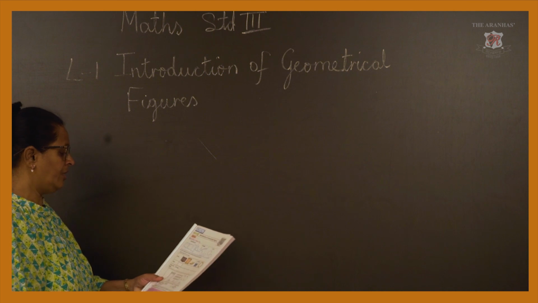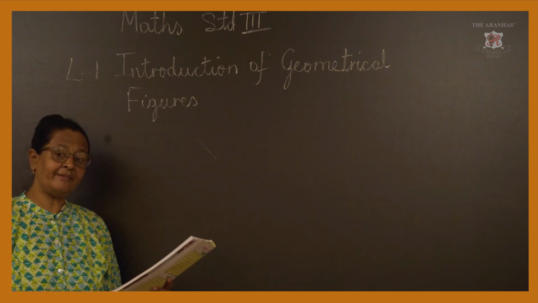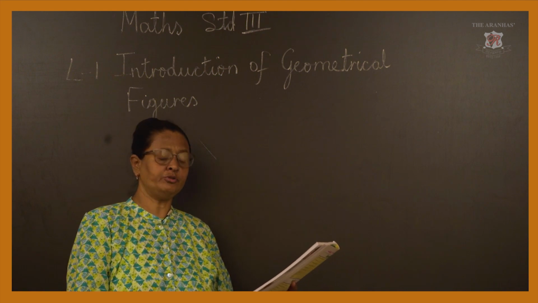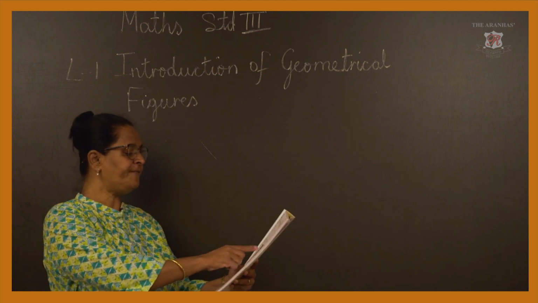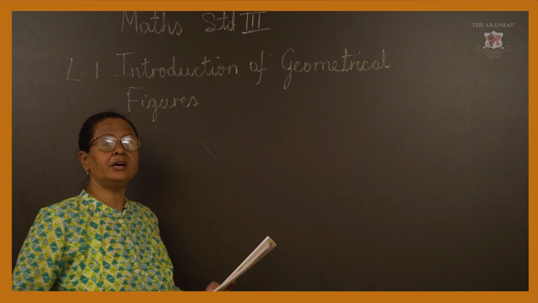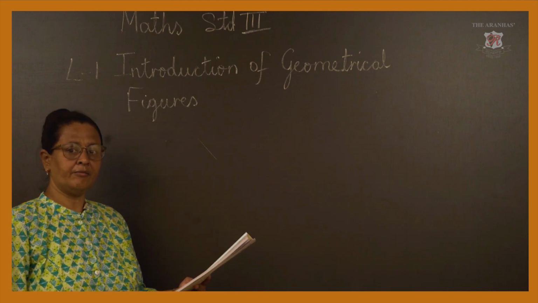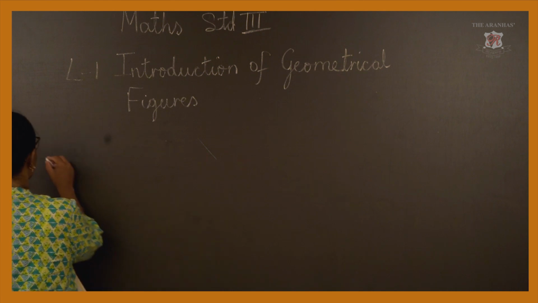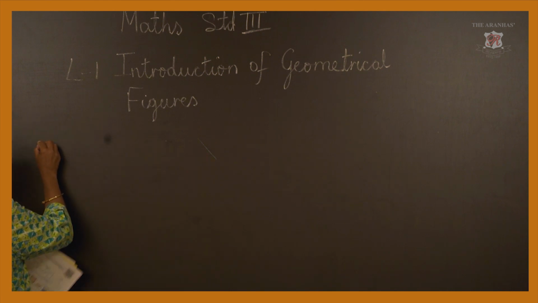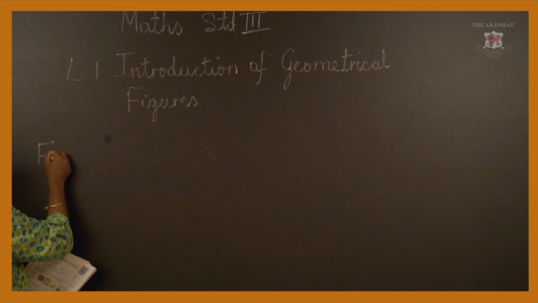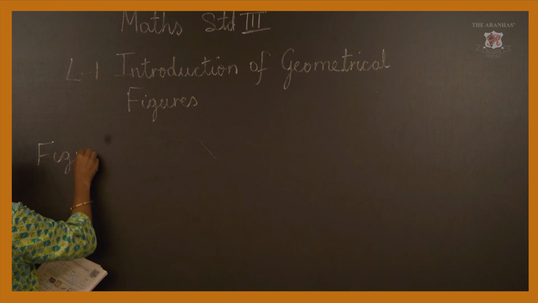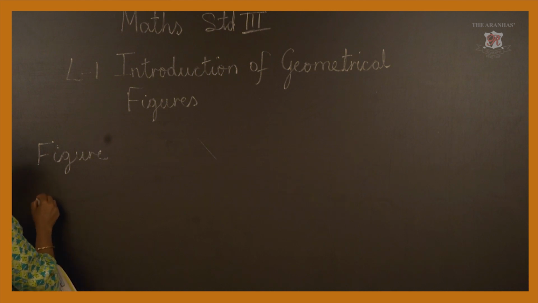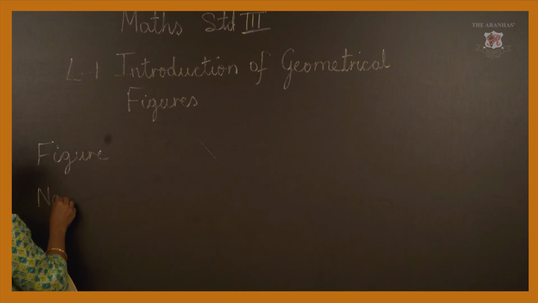Now, these are examples that I have already given you, some yesterday and some today. See the first. This is the monitor of your computer. I will not draw the picture, I will only write the name of the figure.